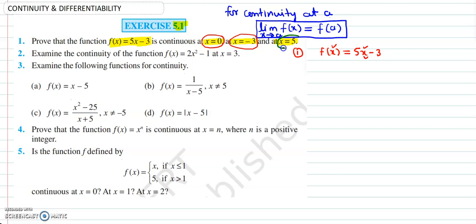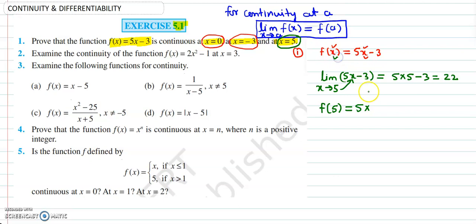Now we have to check at x equals to 5. So limit x approaching 5 of the function f(x) of 5x minus 3 which equals to 5 into 5 minus 3। x की जगह पे आपने 5 रखना है ना, x की जगह पे आपने 5 अप्रोच करवाना है। तो it will come out 25 minus 3, that is 22, and function's value at 5, so 5 into x की जगह पे आपने 5 रखना है, तो 5 minus 3, again it will come out 22.